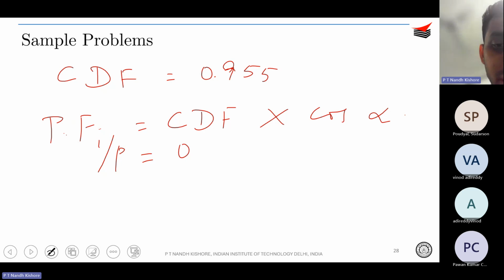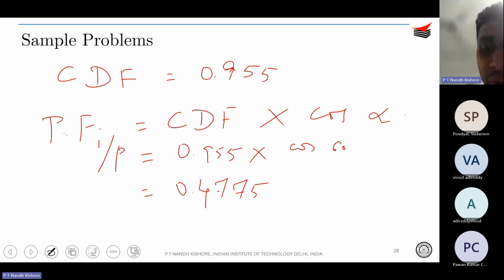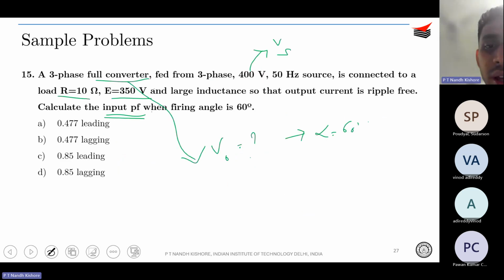So this is the input power factor. The input power factor is 0.955 into cos 60. Cos 60 is 1 by 2, 0.955 over 2 is 0.4775. Okay, and of course it is lagging. Because they have told that it's a very large inductance, therefore it's always going to lag. The output current is going to lag the output voltage.